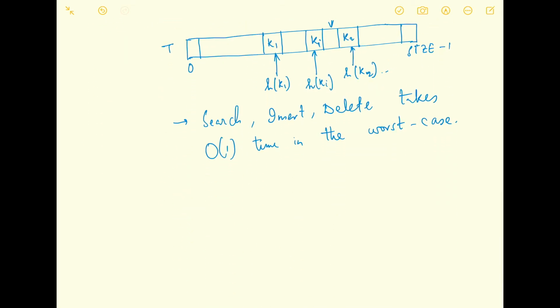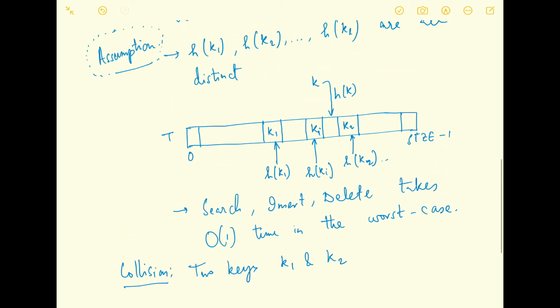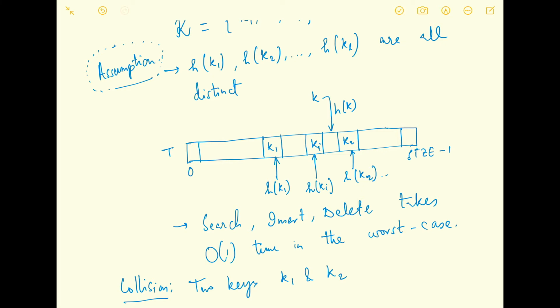So let us define a terminology called collision. The rest of the lecture is on how we can get rid of this assumption, and various tricks for how we handle search, insert and delete if this assumption does not hold, and so on.